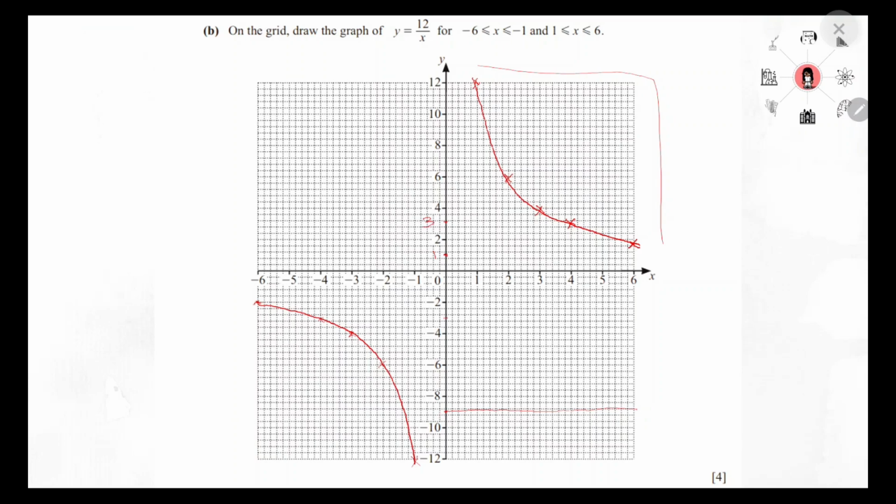I'll draw that again. It's supposed to be right in between these two boxes. And to this side as well. Alright.